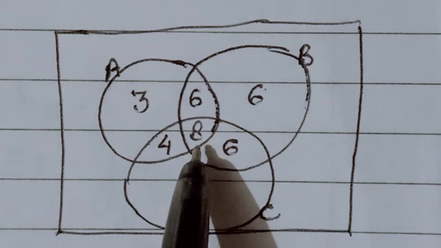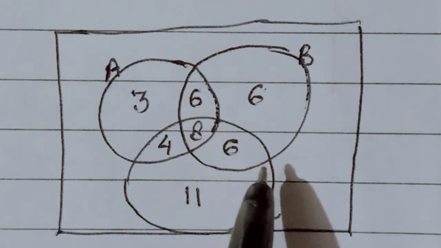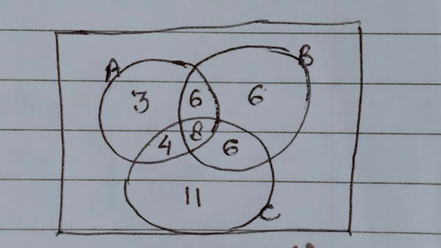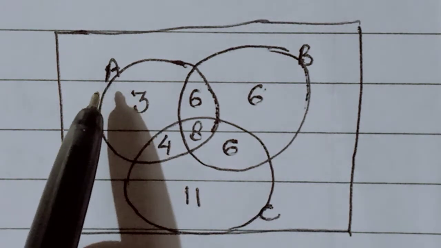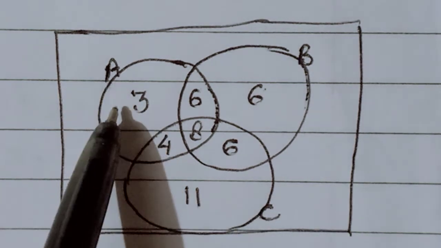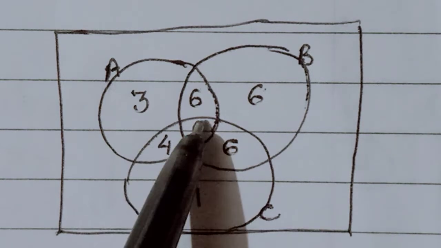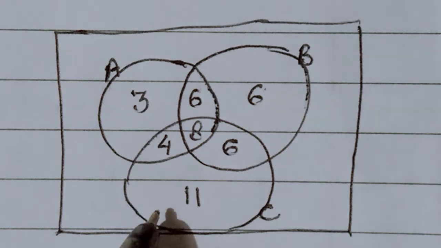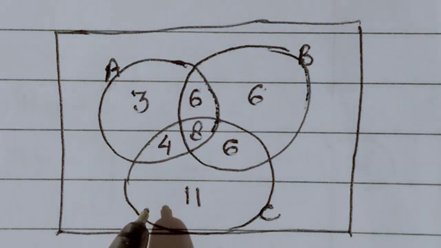So 14 minus 8, that is equal to 6. Then likewise, you were given C and A, 12 liked C and A. So 12 minus 8, 4 will fit in here between C and A. Then for B and C, they are saying 14.